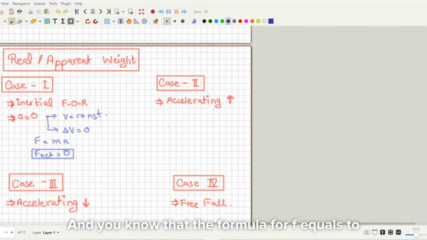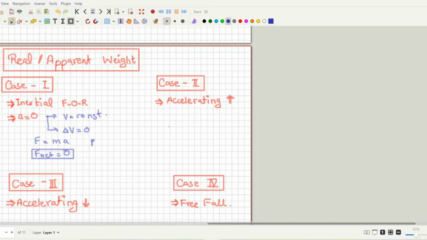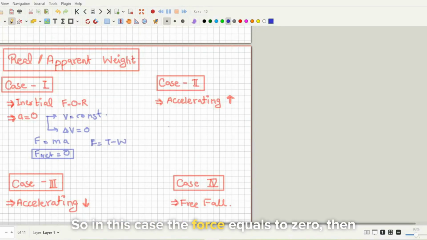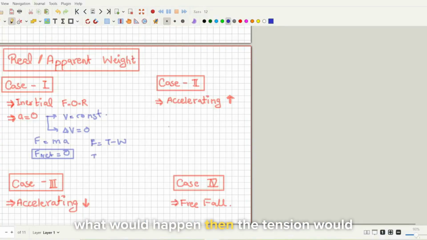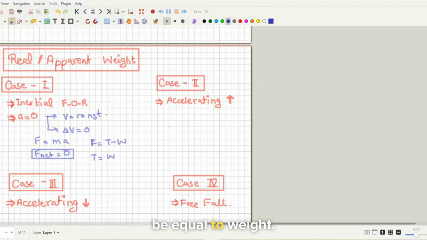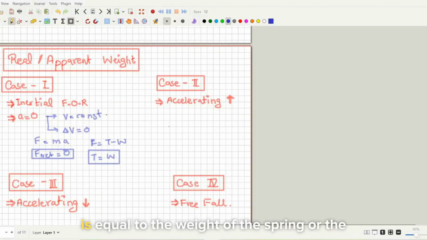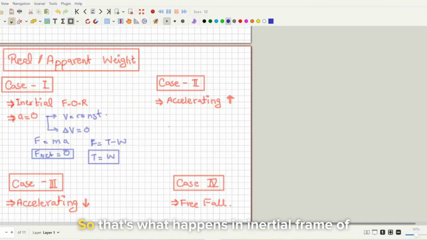You know that the formula for net force is tension minus weight. In this case the force equals 0, so then the tension would be equal to the weight. So in an inertial frame of reference, the tension is equal to the weight of the mass.